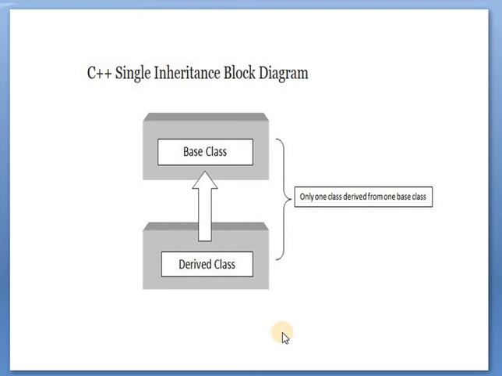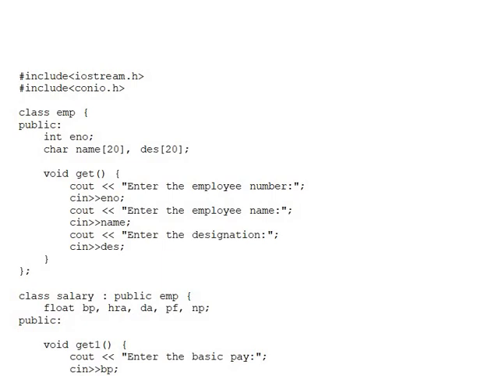After that we will see one program of single inheritance. This is the program where the base class is employee and the derived class is salary. These are the header files.